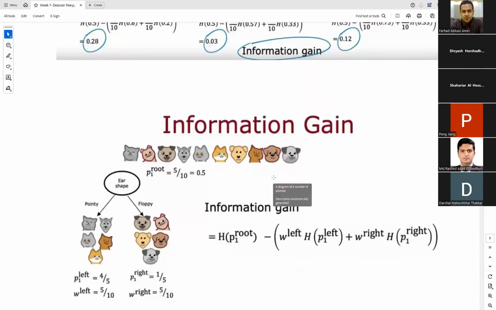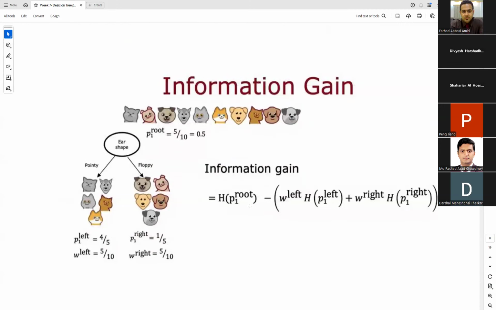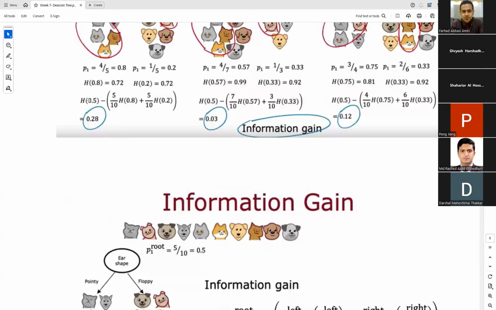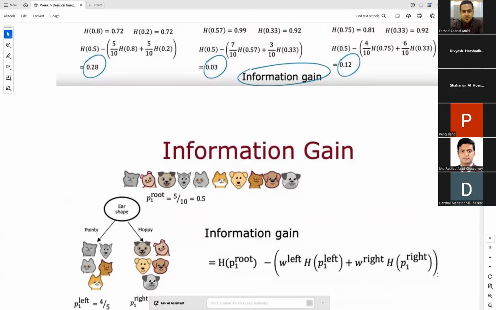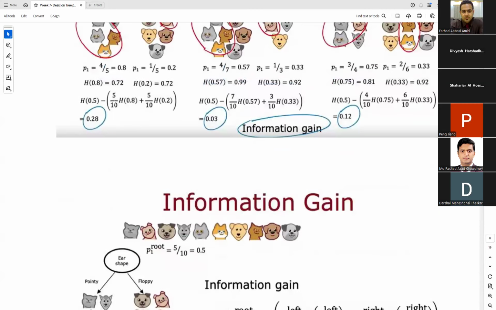And then here is the general expression for how you can calculate the information gain. H of P1 on the root node, which here was H of 0.5, minus this parenthesis. And you know how this parenthesis is made, right?